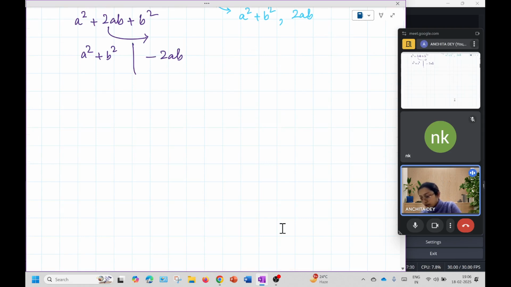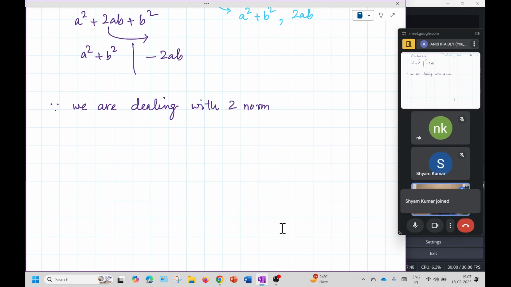Since we are dealing with the two norm, we will have norm of A minus norm of B, and then the square of it, right? Because you're taking the square of something.